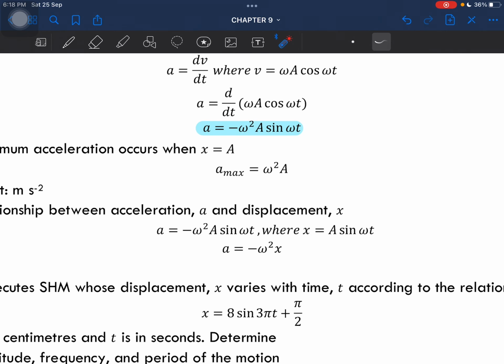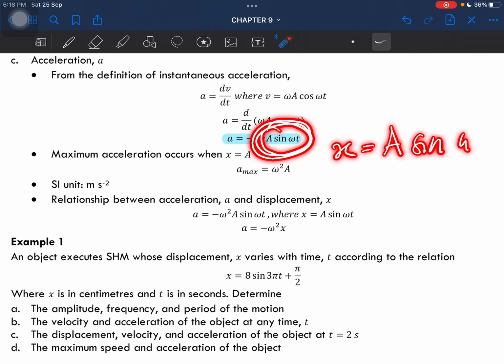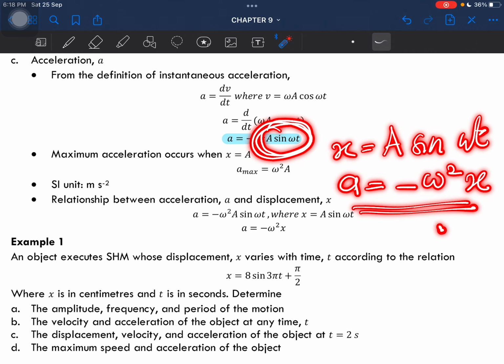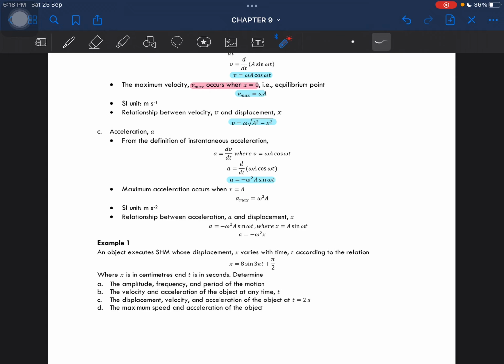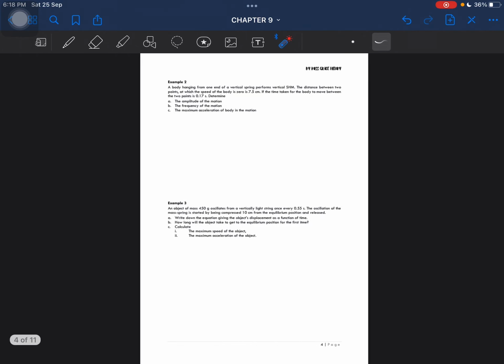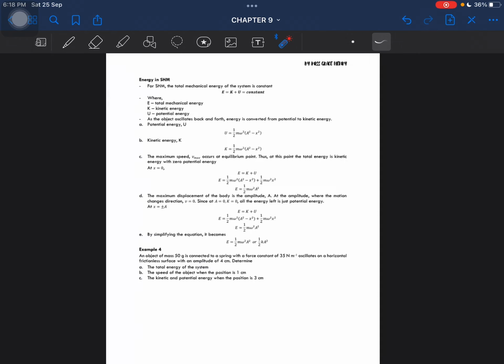We can see that a sine omega t is actually equal to the displacement equation, a sine omega t, which is the definition for simple harmonic motion. So that is the relationship between acceleration and displacement. This one is for velocity and displacement. Let me check the theory. Examples we go on to later.